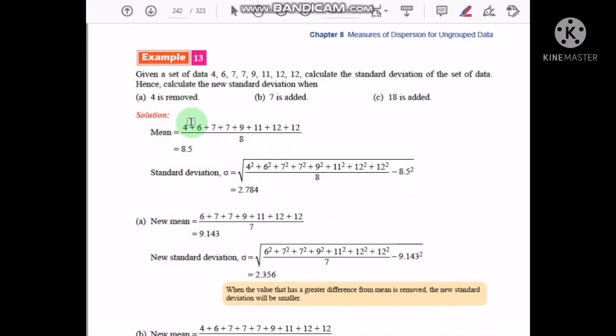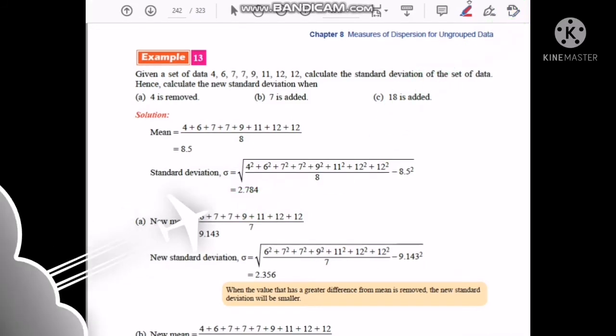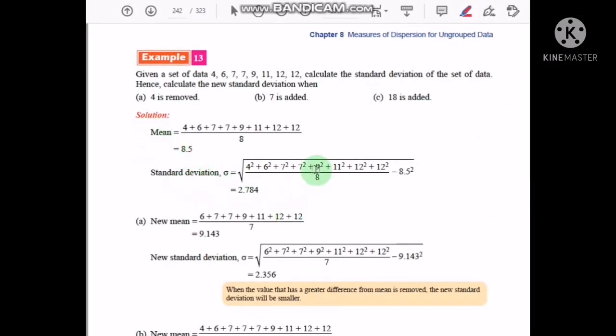Mean as usual, you calculate based on the formula that you already learned, and then you use the formula that you already learned, and you will get the standard deviation of 2.784. This is the original mean and original standard deviation, before we proceed with A, B, and C.